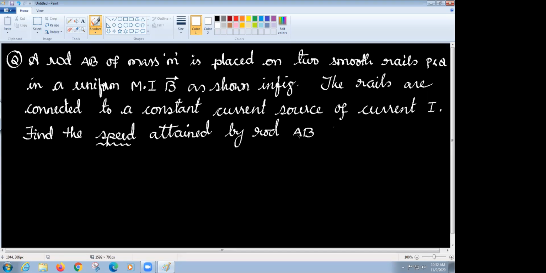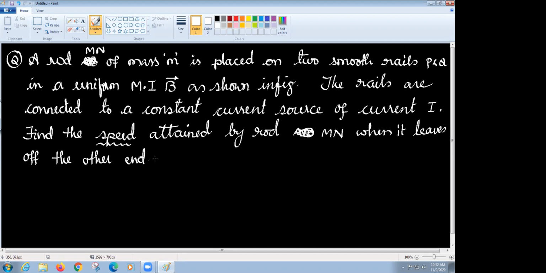Let's give it some other name, MN, because B is already used for magnetic induction. Find the speed attained by rod MN when it leaves the other end of the rails.